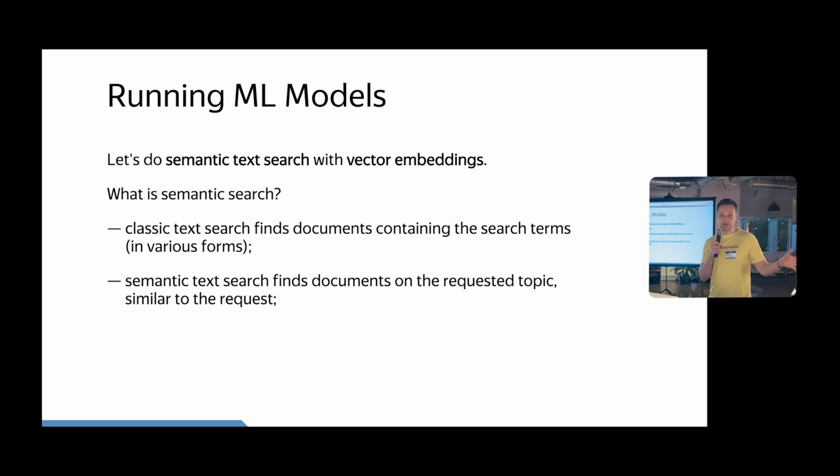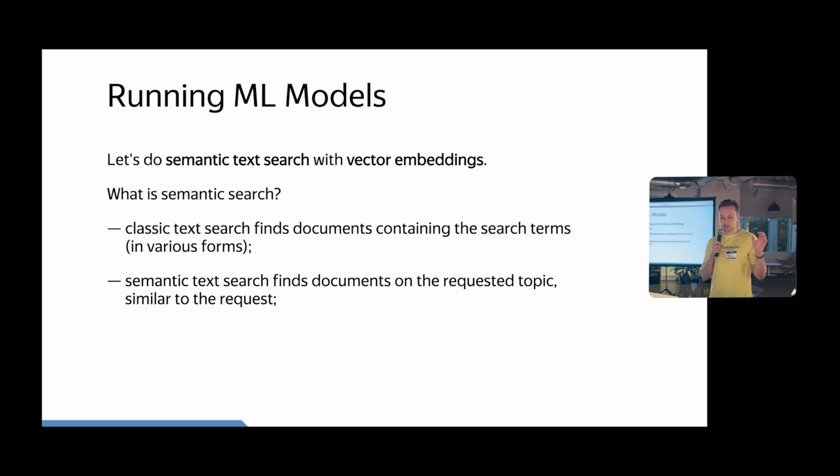Just if someone doesn't know, but actually everyone should already know what a vector embedding is. It is a way to transform any type of data, like text, images, videos, music, into a vector of a large number of dimensions, like hundreds or even thousands of dimensions.